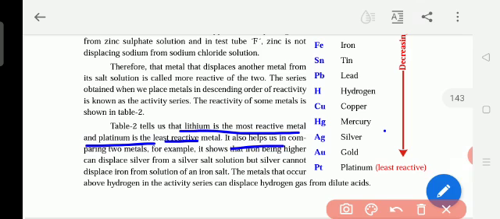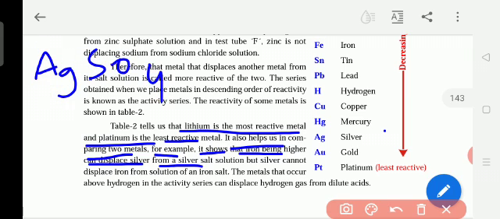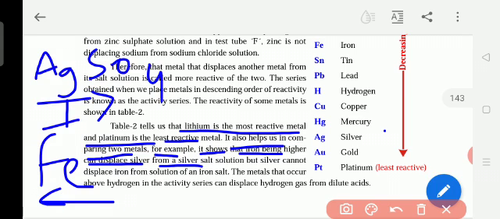It also helps us in comparing two metals. For example, it shows that iron, being higher, can displace silver from a silver salt solution. Silver salt solution means if we take AgSO4, it is the silver salt solution. If we take it, iron is the more reactive and silver is the less reactive.